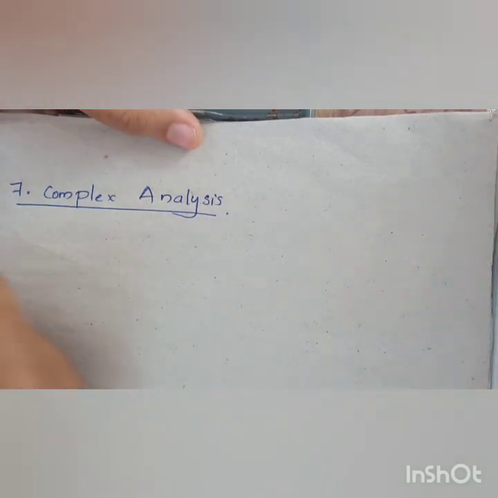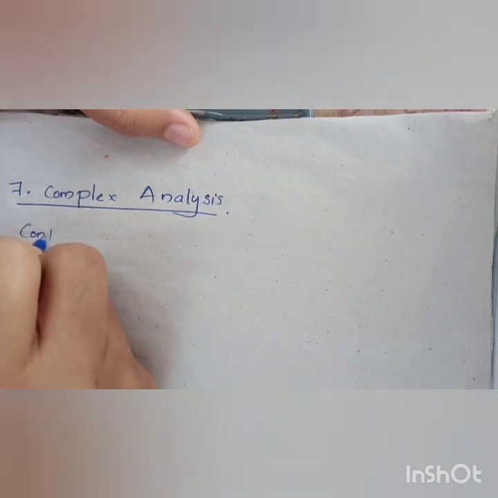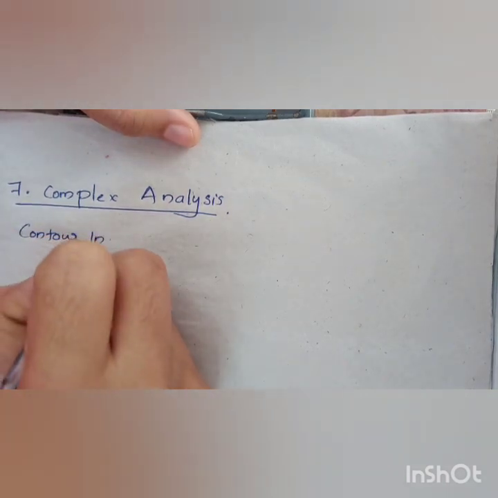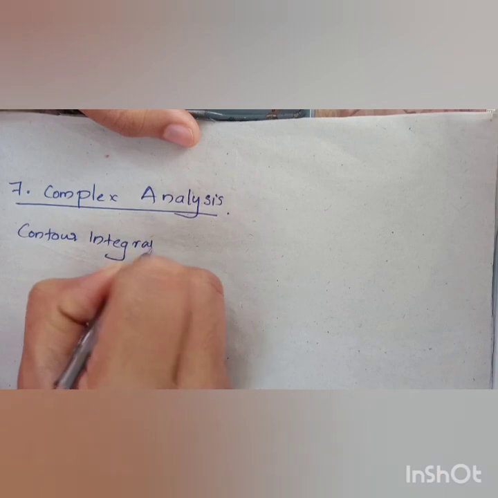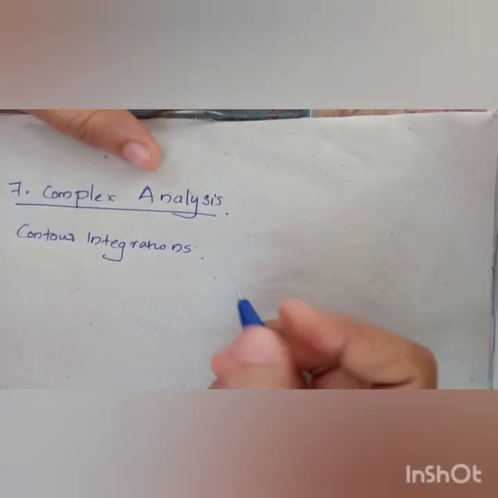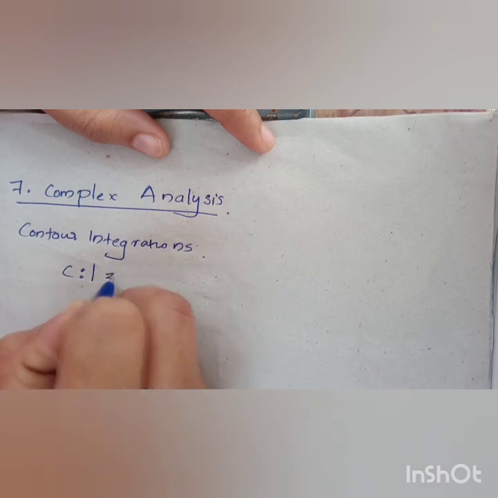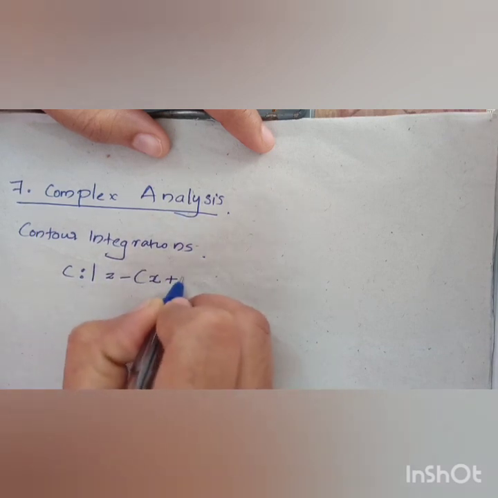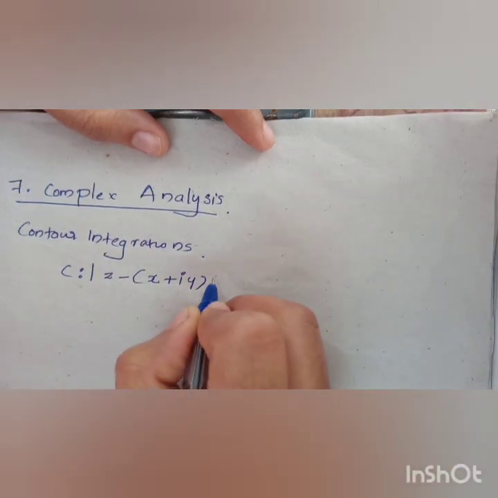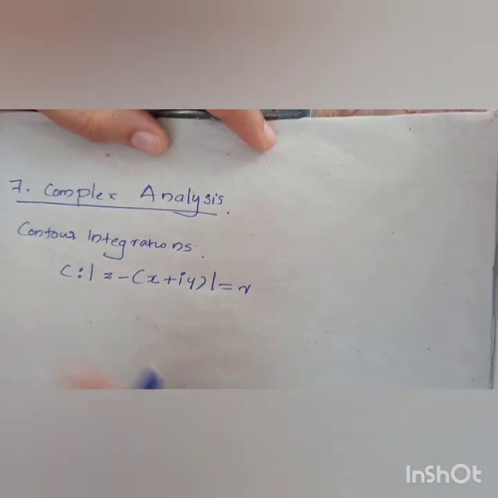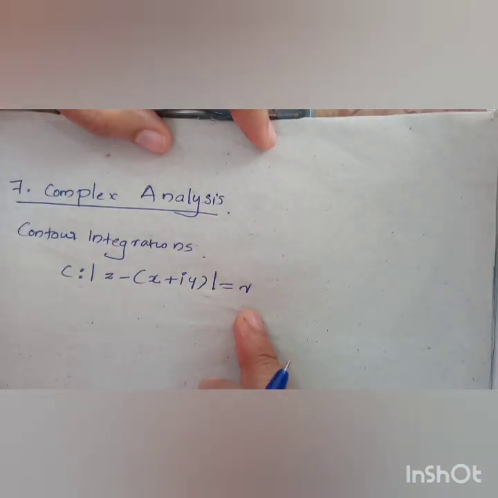So here we are studying contour integrations. If you are given a contour like |z - (x + iy)| = r, this is the general format of the contour.